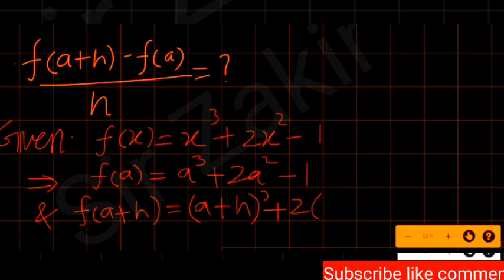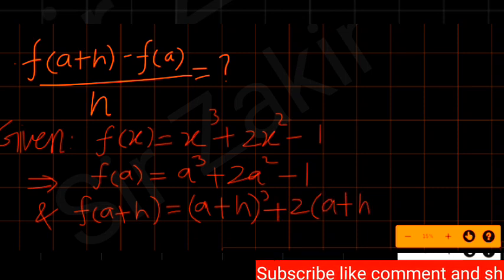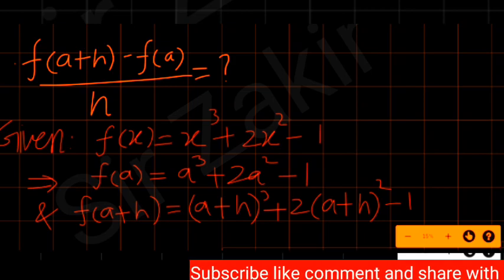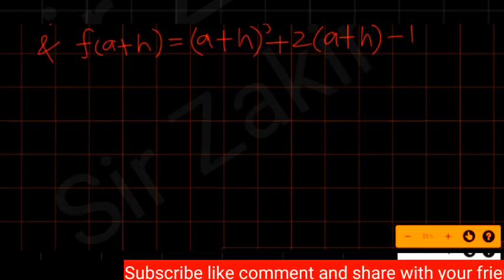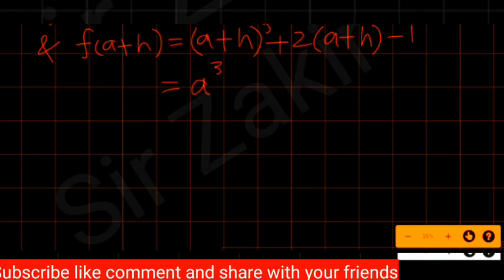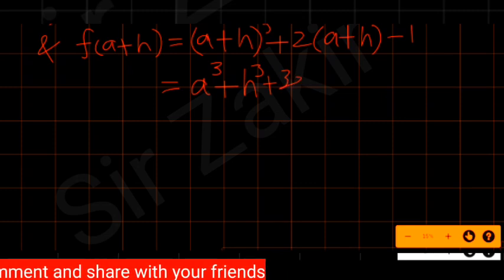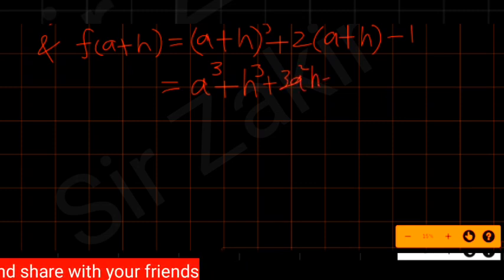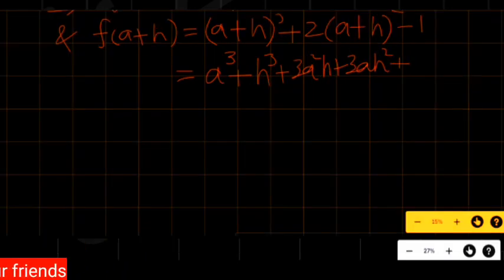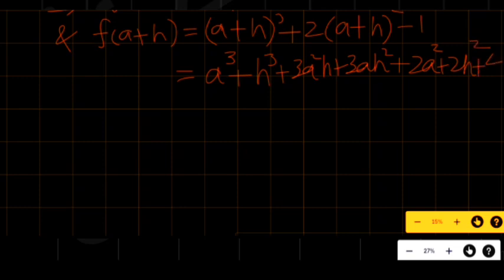So x cube gets the form a plus h cube plus 2 times a plus h square minus 1. And then we simplify it as a cube plus h cube plus 3a square h plus 3ah square plus 2a square plus 2h square plus 4ah minus 1.